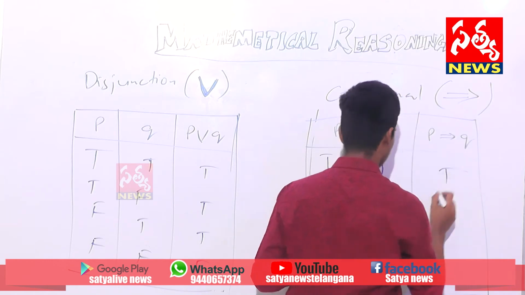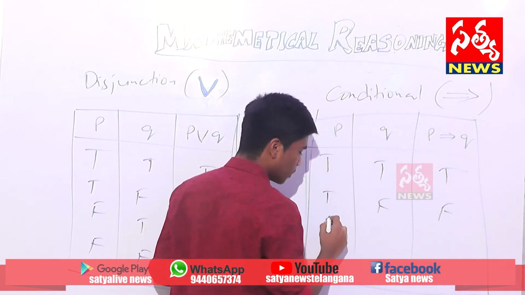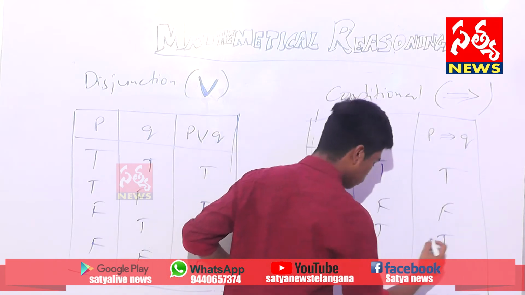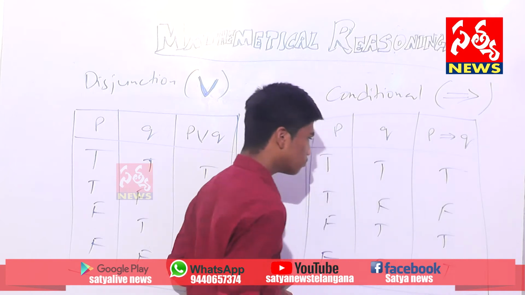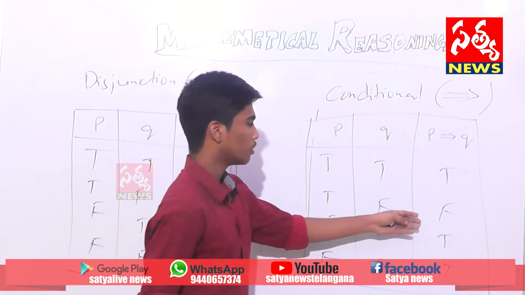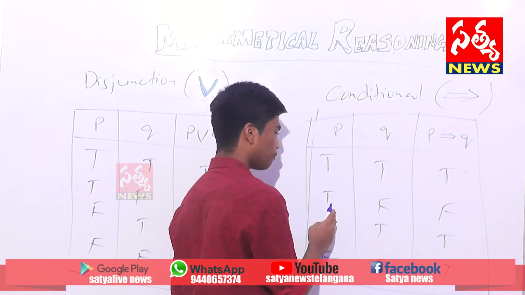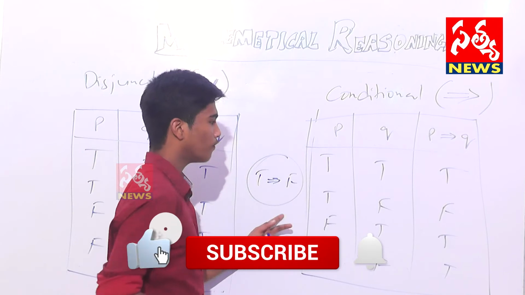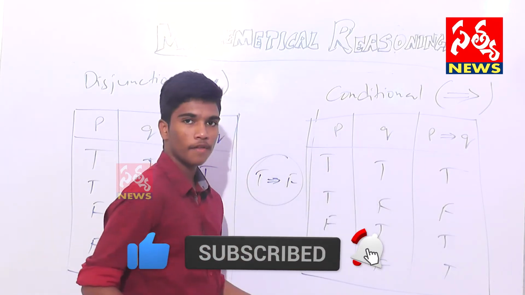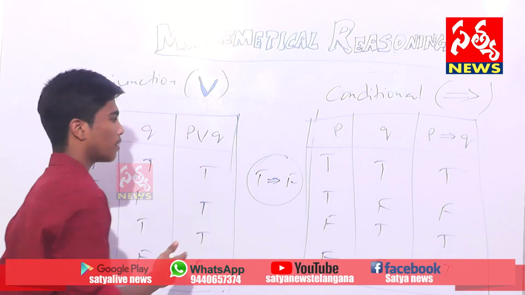T, T, T; true false is false, but false true is true, false false is also true. In this, in only one condition we will get the false, that is for true implication false. Only for this condition we get the false. In all other conditions we get true. Okay, remember these tables.